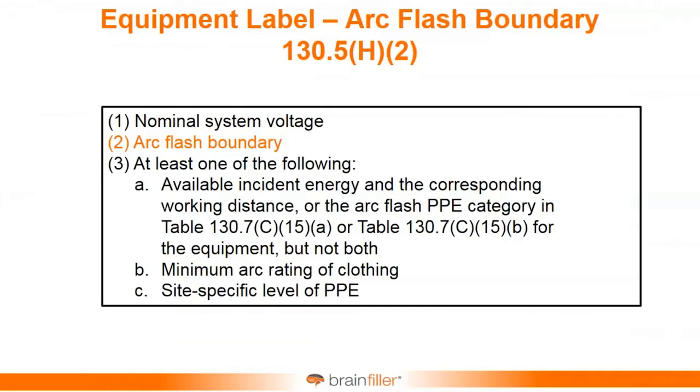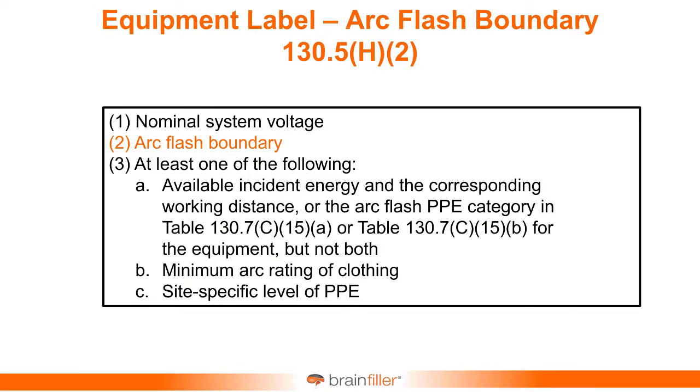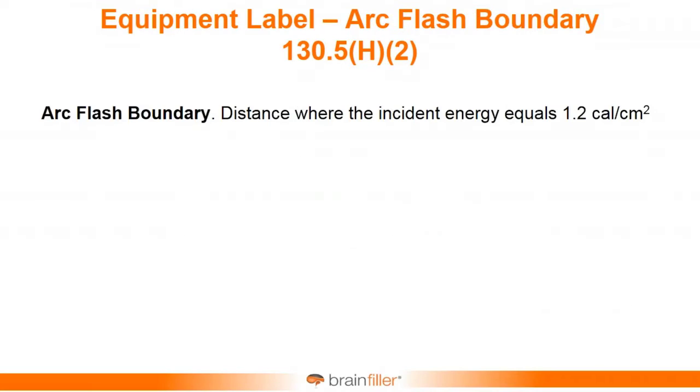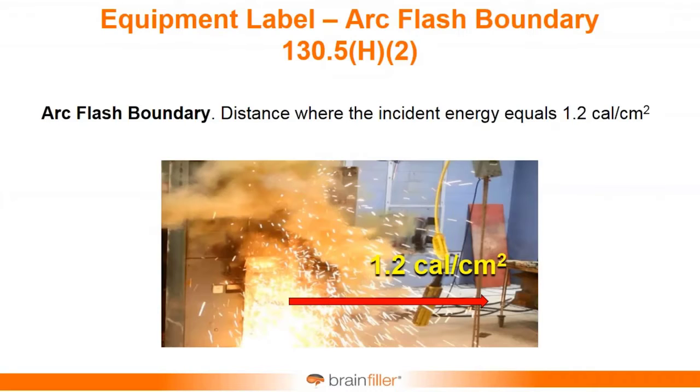The arc flash boundary is simply defined as the distance where the incident energy, the energy that could reach a person, is equal to 1.2 calories per square centimeter. And the 1.2 calories is generally thought of as where the onset of a second-degree burn may occur. There are some different schools of thought depending on whether you're in the utility circles or the industrial circles. But it's 1.2 calories.